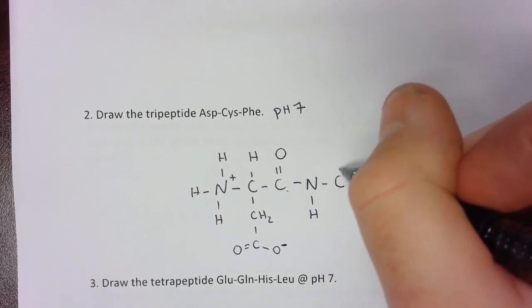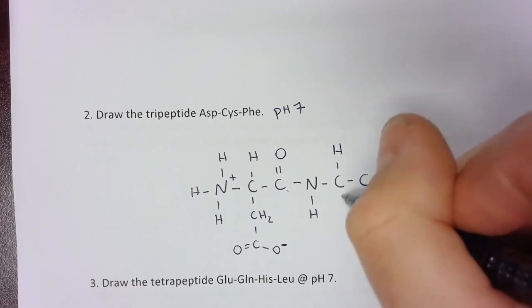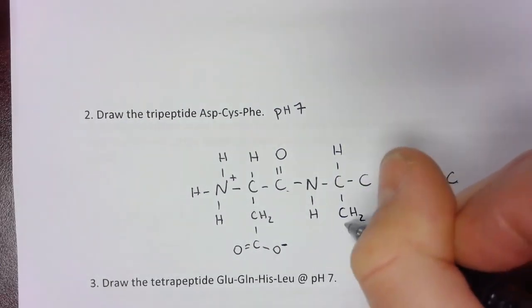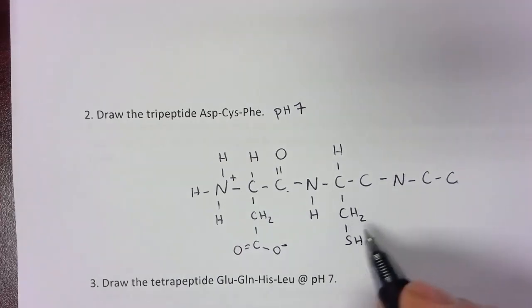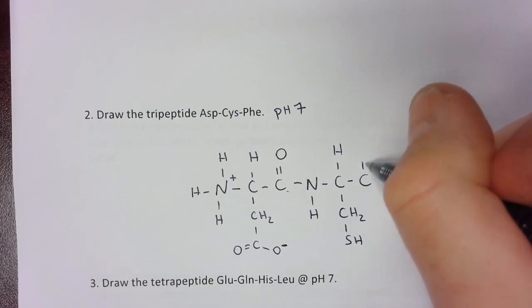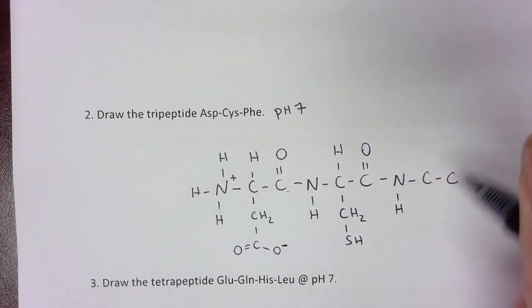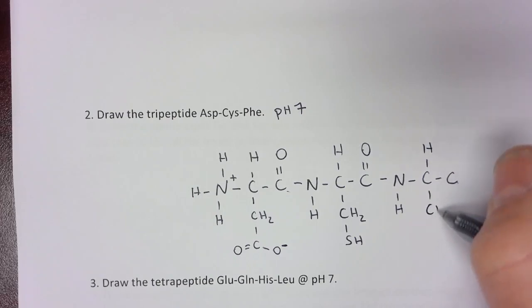And then we have the next amino acid, cysteine. The R group for cysteine is CH2SH. It's fine to draw it just like this, or you could put the SH up here. Doesn't really matter. And then the second peptide bond. Then we have phenylalanine.